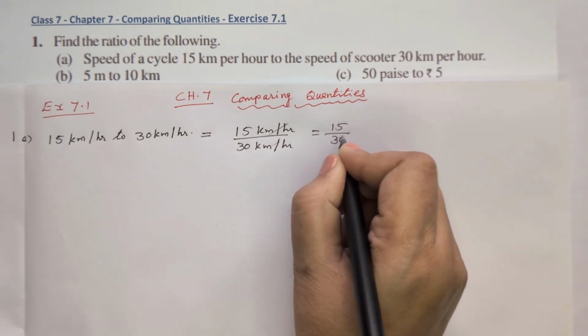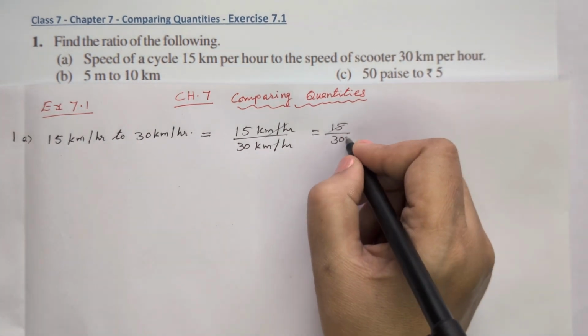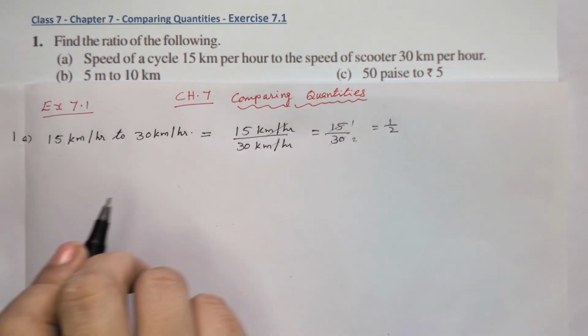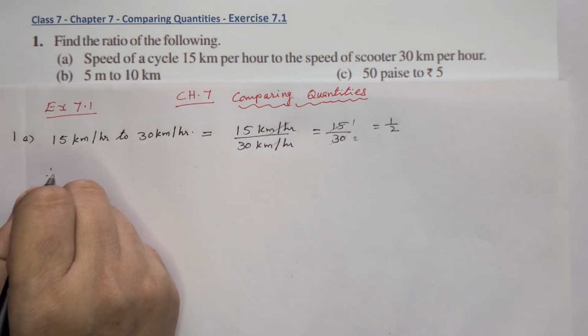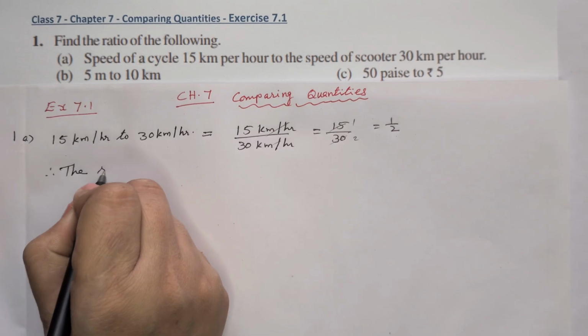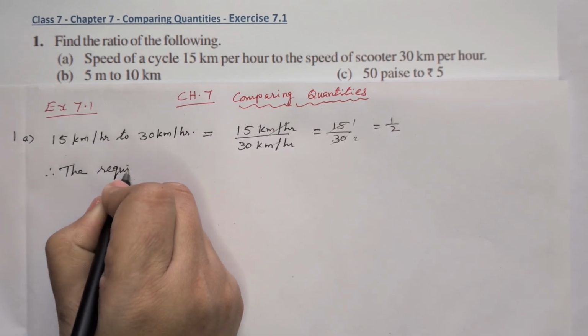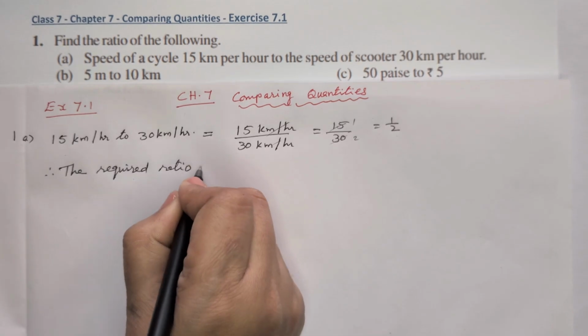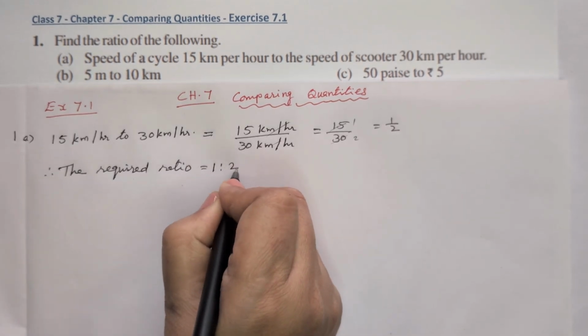When we are simplifying, divide by 15, we will get 1 by 2. So this we can write in the ratio form. Therefore, the required ratio is equal to 1:2.